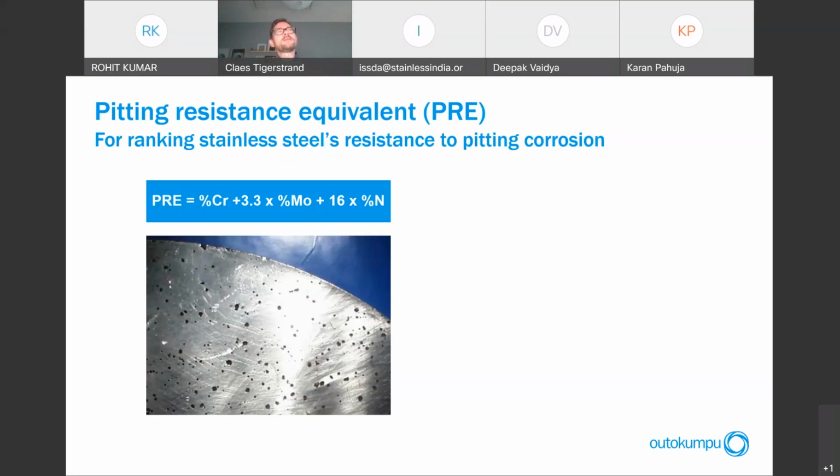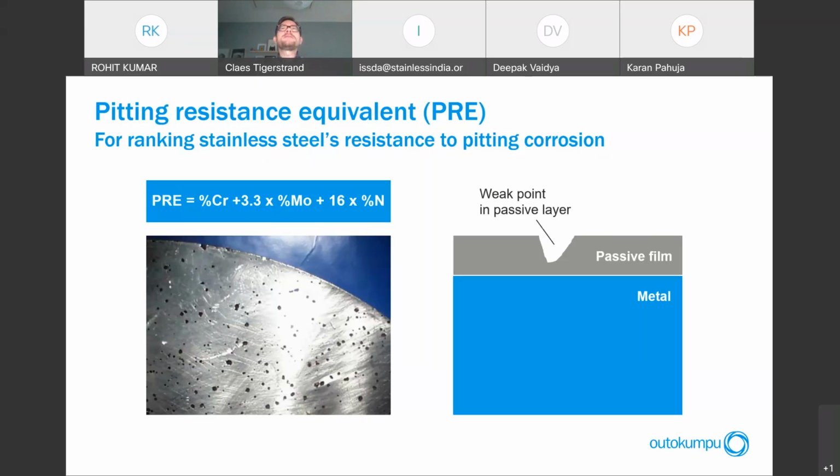And first of all, obviously, it's chromium. Secondly, with a greater effect is molybdenum. And thirdly, with the greatest effect, it's nitrogen. So if you increase the content of these elements, you will improve the pitting resistance. Now we haven't talked about the different grades yet, but I will explain how we can calculate this number for different grades. But first I want to tell you about that.